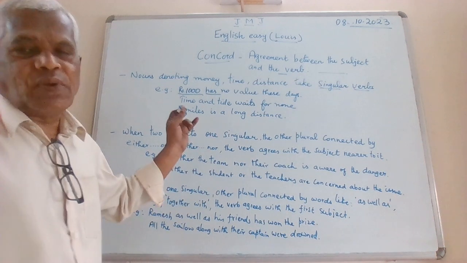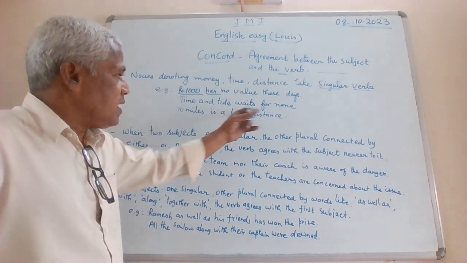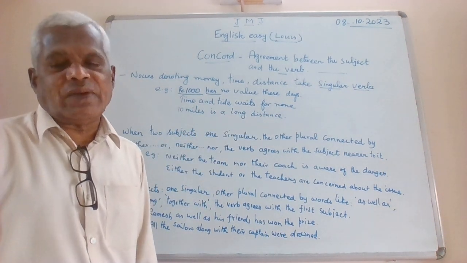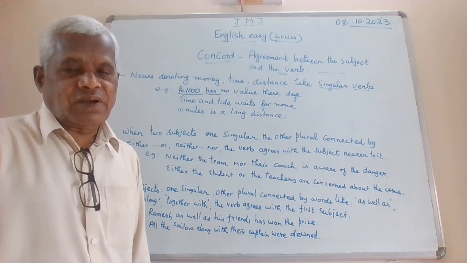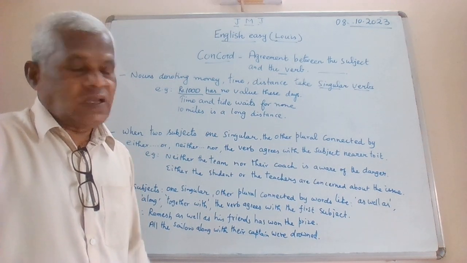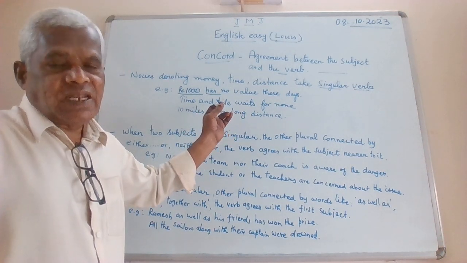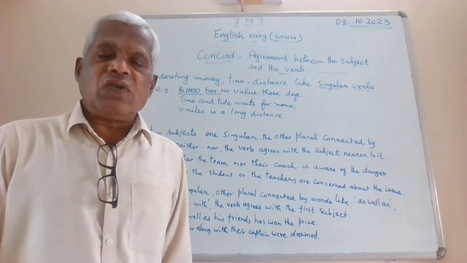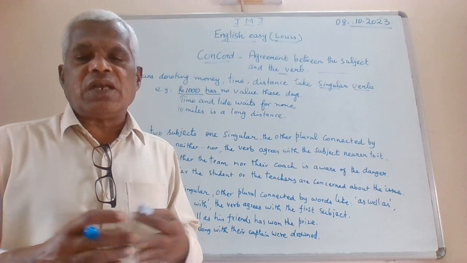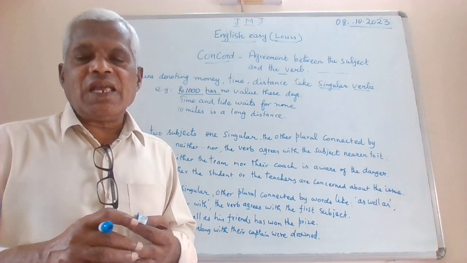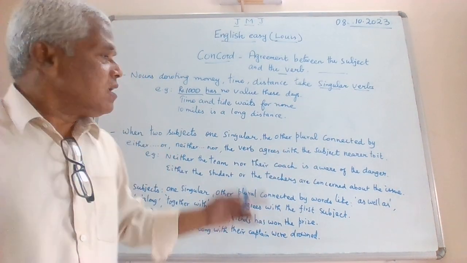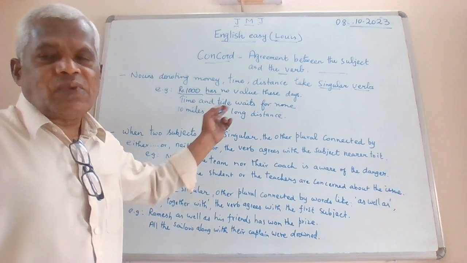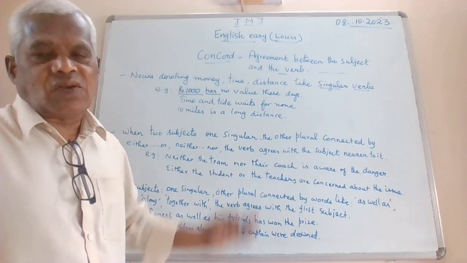Look at the next example. Time and tide waits for none. It's a proverb, of course. Time and tide. You can take this as an example for the concept that we did in the previous video, when I said that when two nouns are combined together by "and," the verb is also singular. So the same example can be used for this concept also.